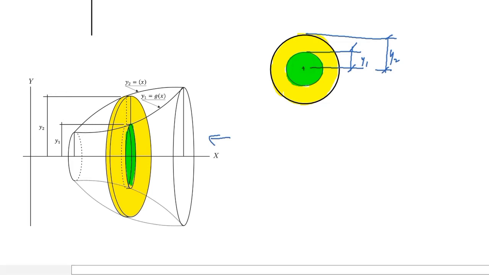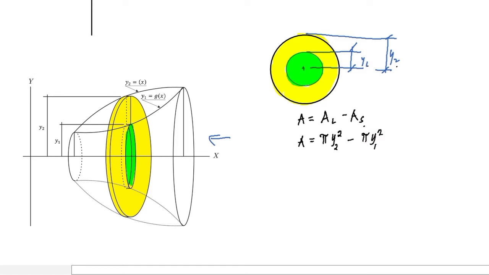So, for this area, no, we would have the area of the larger circle minus the area of the smaller circle. The area of the larger circle here is pi multiplied by the radius, which is y sub 2. So this is pi y sub 2 squared for the larger circle minus the area of the smaller circle, that is equal to pi y sub 1 squared, where y sub 1 is the radius.